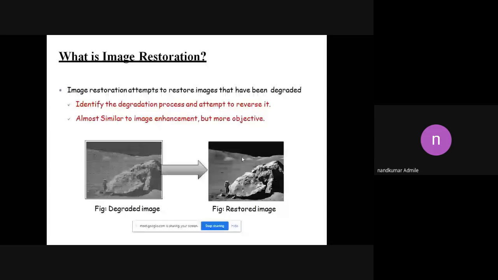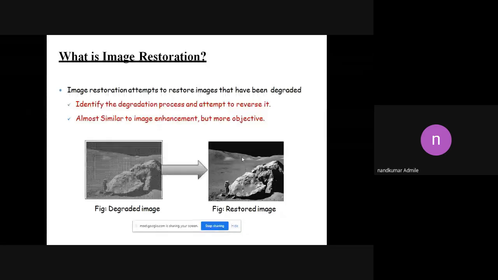In the degraded image there is a lot of blurriness, which we can call noise. Due to the noise, we are not able to visualize the image clearly. Once we restore the image with the help of the image restoration technique, we can observe the object more clearly.